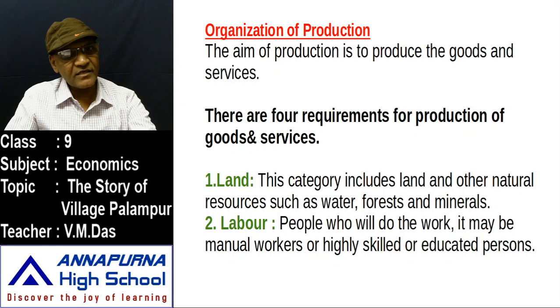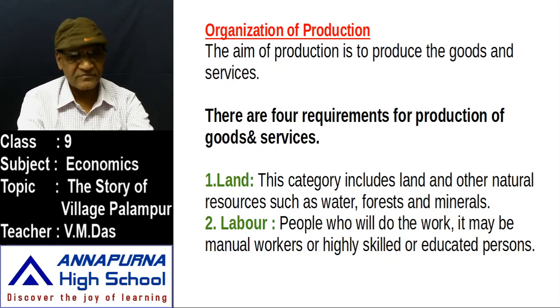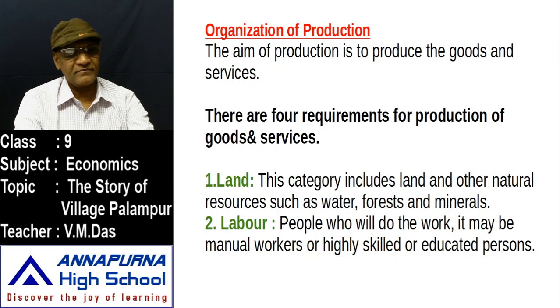The second important factor of production is labor. What is labor? Work. These are the people who will do the work. It may be manual workers, highly skilled or sometimes educated persons.